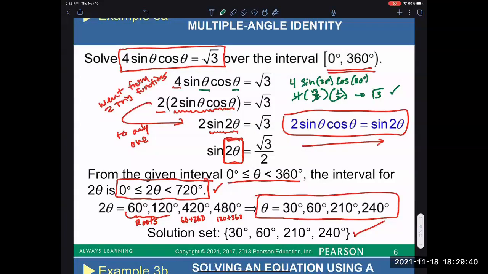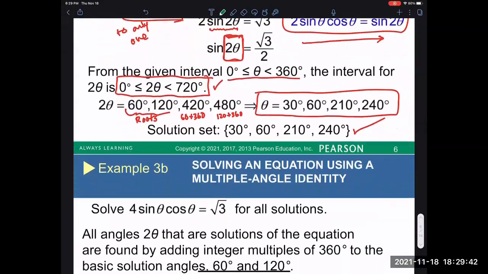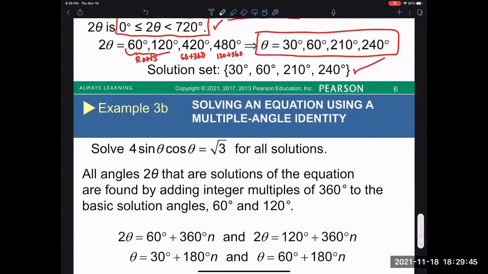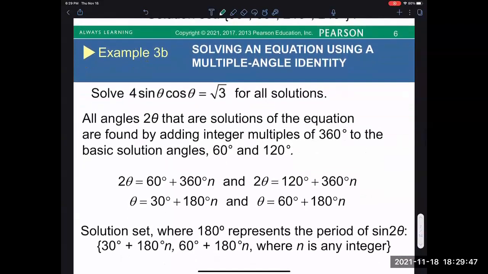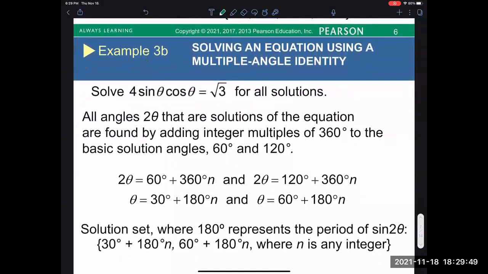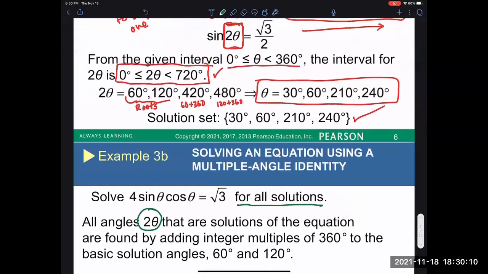All right, maybe we'll take a look at one more here for this video. We have 3b. Actually, this is a good one because it's just an extension of what we just did. 3b says now find all solutions. So we had the root solutions for 2 theta, and they're going to pick up from where that left off. Let's remind ourselves what we had.